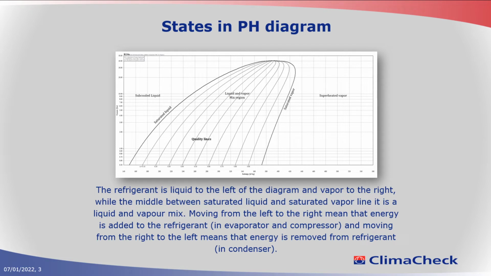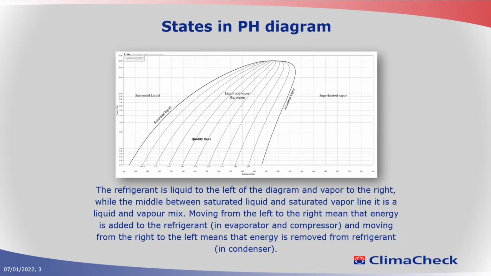So in the pH diagram, the refrigerant is in its liquid state to the left in the diagram. So this part here, from this saturated liquid line and to the left, is subcooled liquid. On the right side, you have superheated vapor.